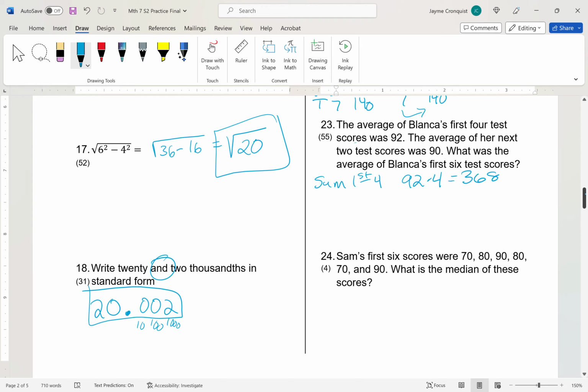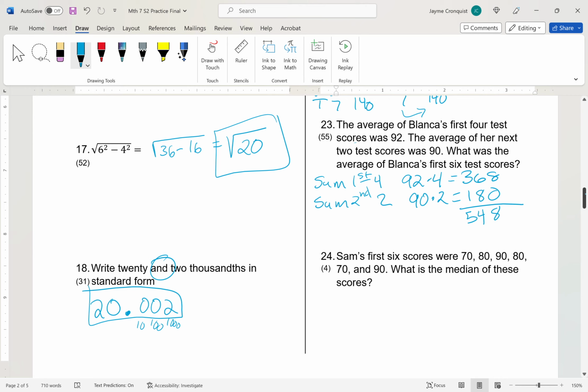The average of the next two, so the sum of the second two, was 90. So that's 90 times 2, so that's 180. So we're going to take her total and then divide that by 6. So we have 8, 4 carry the 1, 3, 4, 5. 548, and divide that by 4.